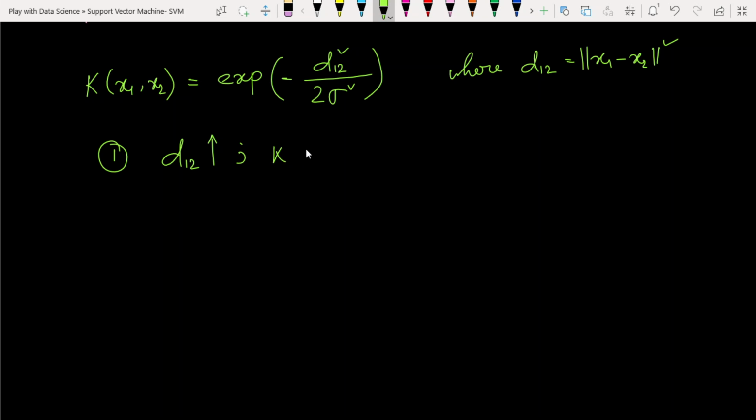The kernel value of x1 and x2 will decrease. Why does this decrease? If we analyze this deeply, because of the minus sign in the exponential, we can write this function in this way.